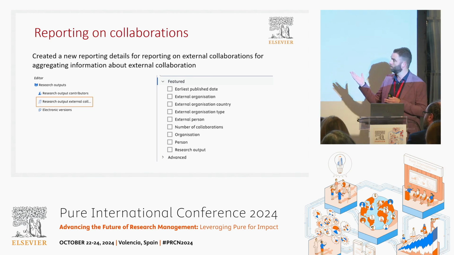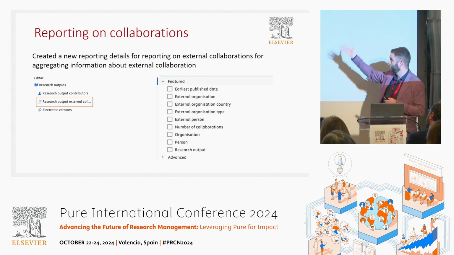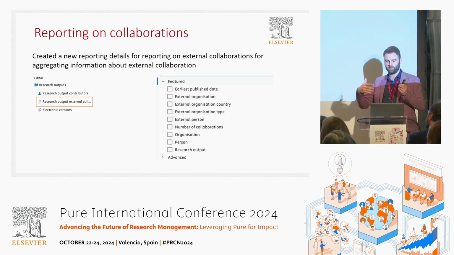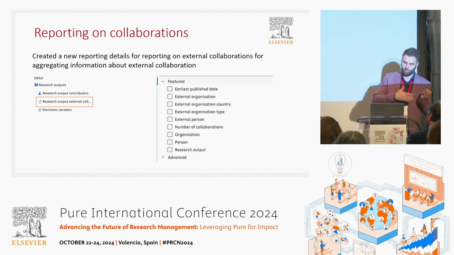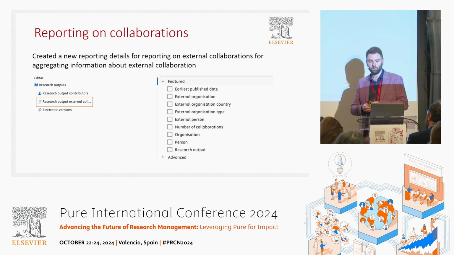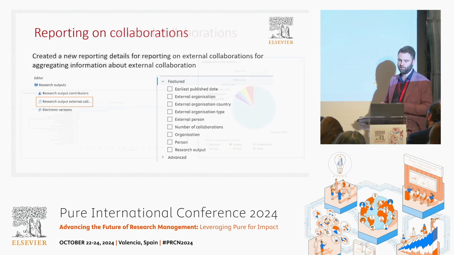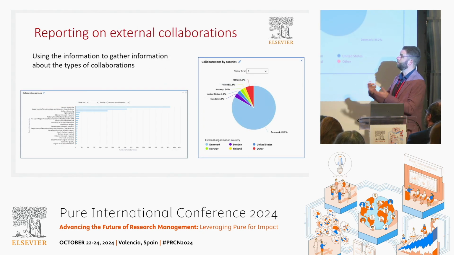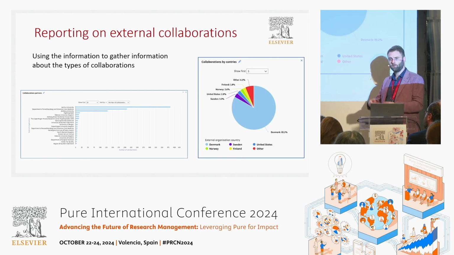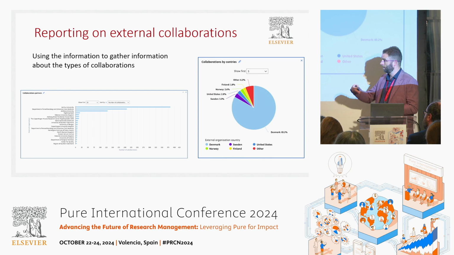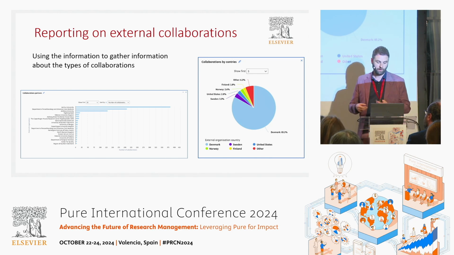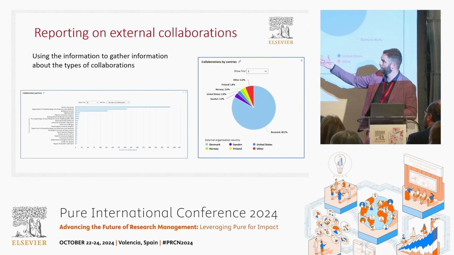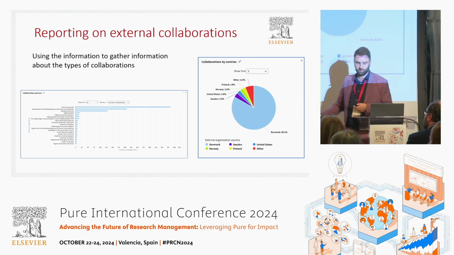So we've created a new one where, right now, we have this type of information, so you can get something about the publication date, the organization you're working with, the persons you're working with, and so on and so forth. And to give you an example of what this enables you to do, you can create a report, and you can then create a data story where you are using some of the visualizations we have to, for instance, say what are our top collaborative partners, right?